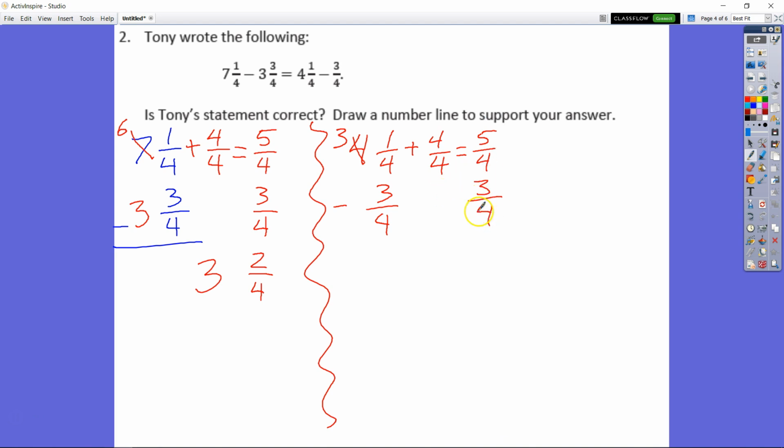That's equal to 2/4 again. However, I have 2 here. And Tony is correct in saying that 7 1/4 minus 3 3/4 is the same thing or equal to 4 1/4 minus 3/4. And we can draw a number line to support that.